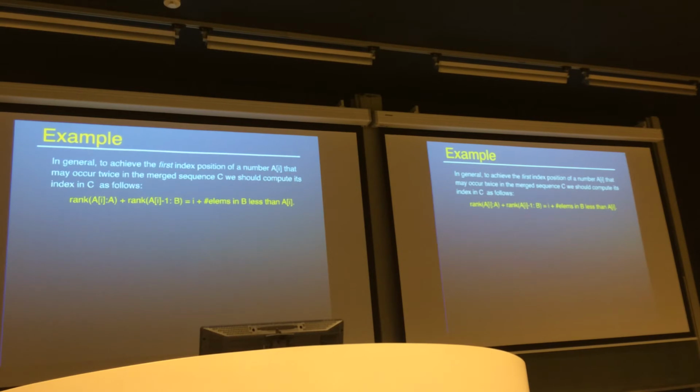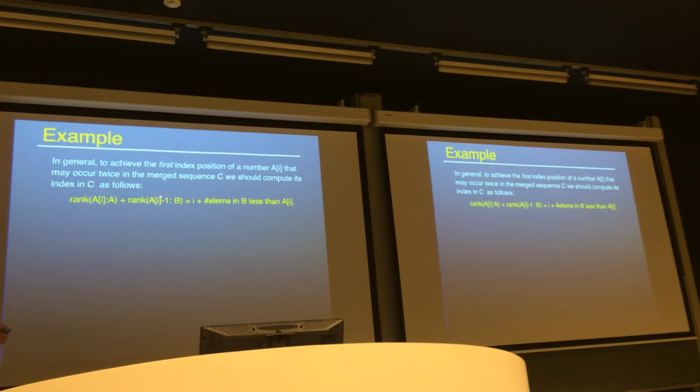What we should do is determine the index position of A_i by finding its rank in A, that's i, plus determining the number of elements in B that are strictly less than A_i. In that way, you will find the first position at which the element A_i will occur in the final sorted array.